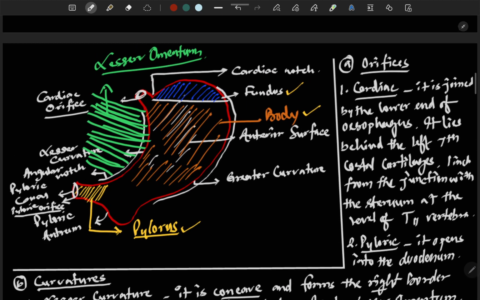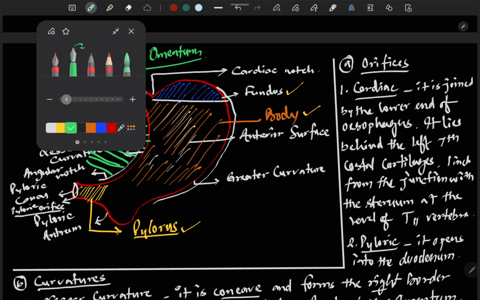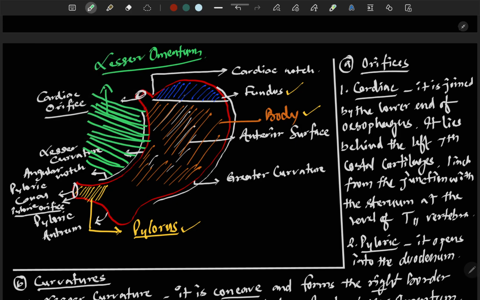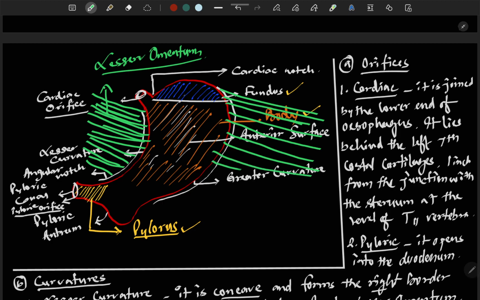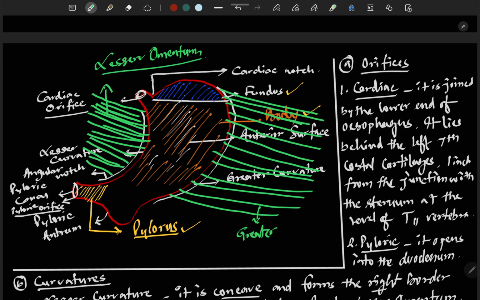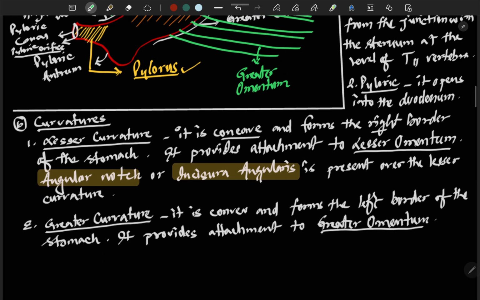Here the greater omentum is attached here. This is the greater omentum. Okay.